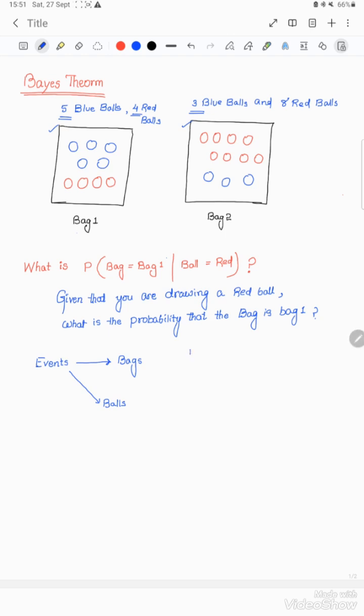So here the random variables: first one is bags, second one is balls. Bags can take two different values: bag 1 and bag 2. Similarly balls can be blue and red.